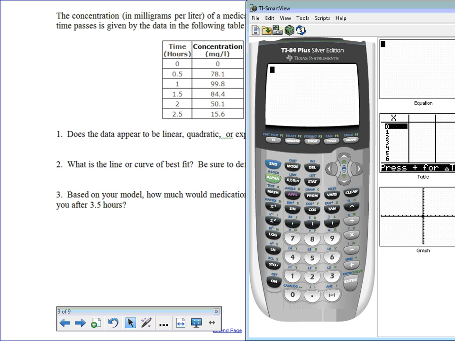Then we want to show the data, so we need to zoom to our stats data, which is zoom 9.